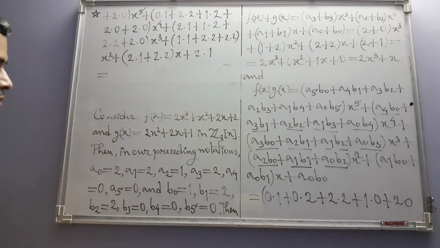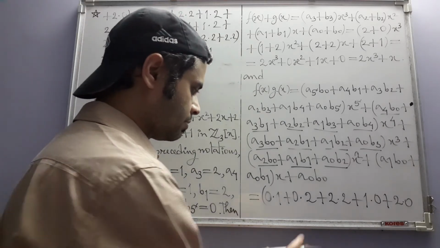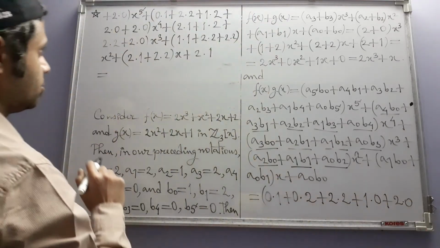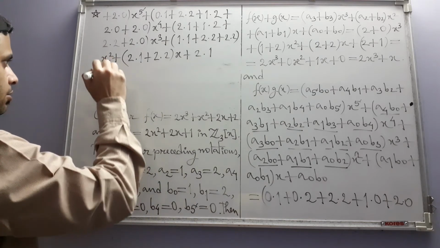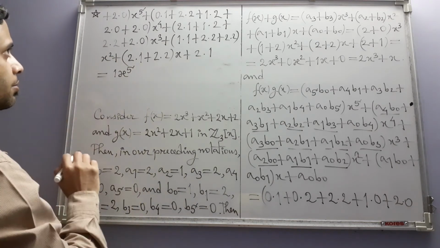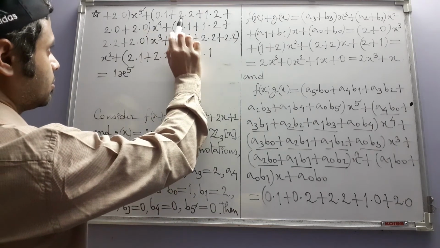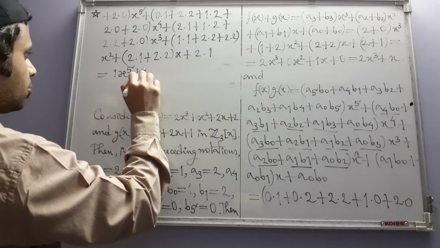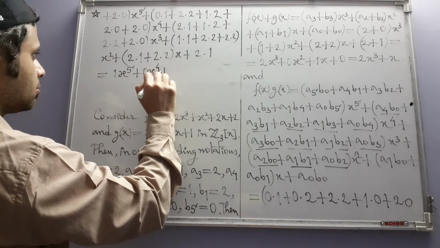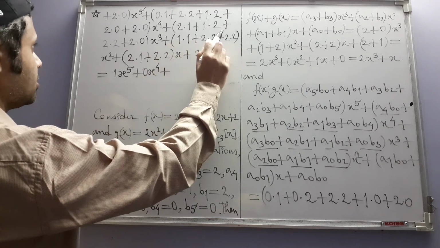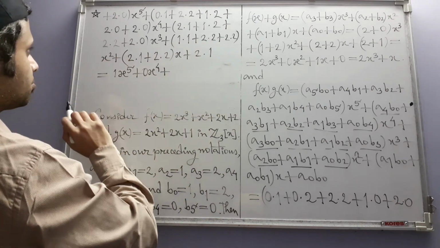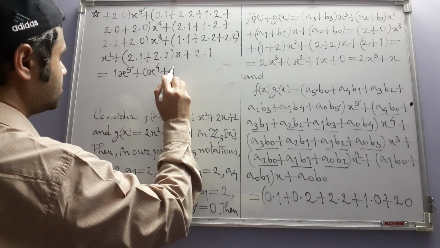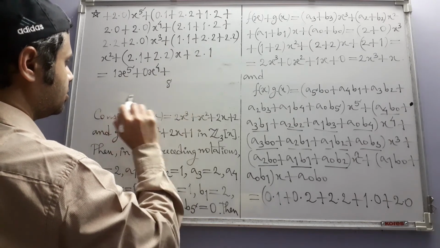Okay, now these two are 0, these two are also 0. 2 times 2 is 4, modulo 3, 4 is 1. Then this one 4 plus 2 is 6 and the others are 0. Modulo 3, 6 is 0. 2 plus 2 is 4, 4 plus 4 is 8.